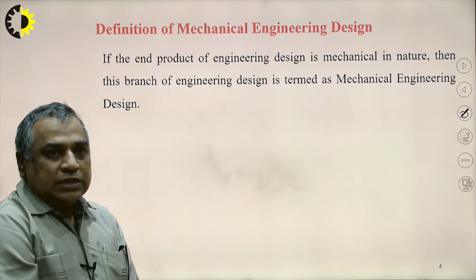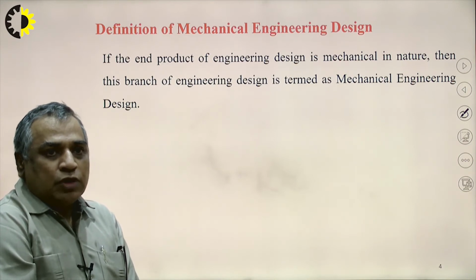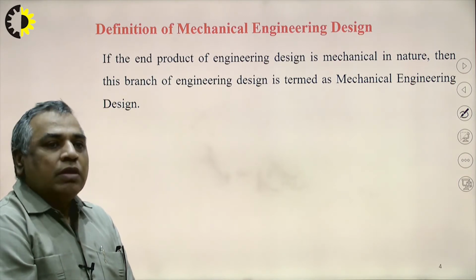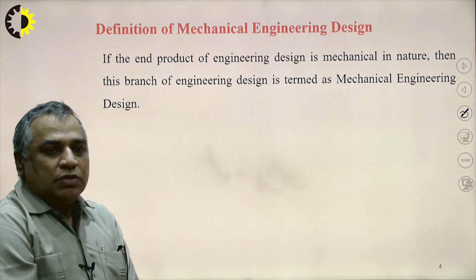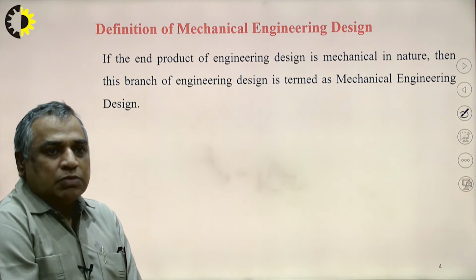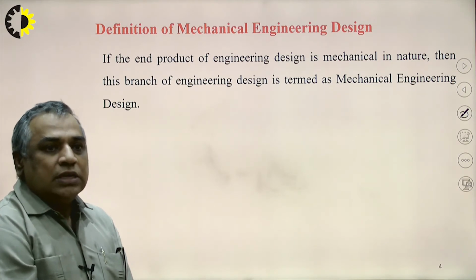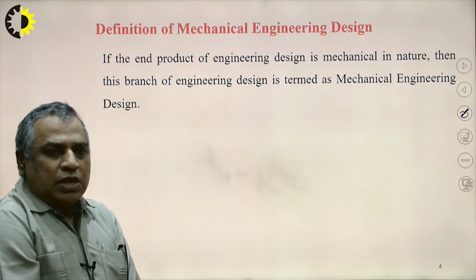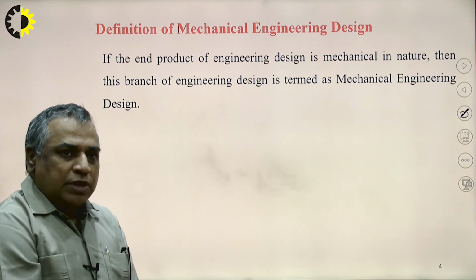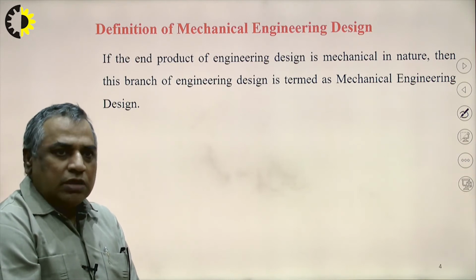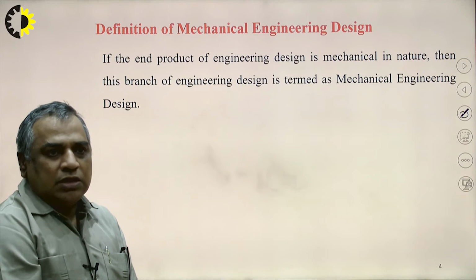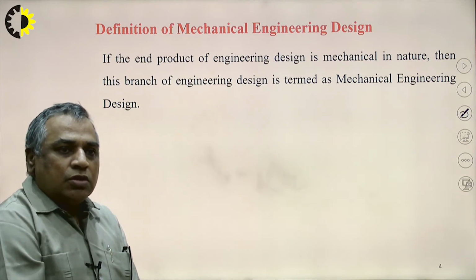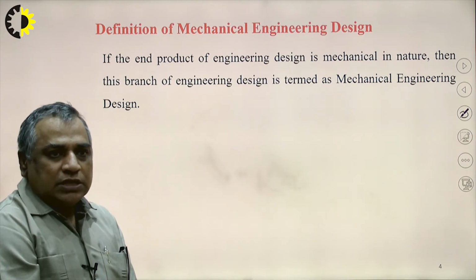If you are designing something to pump fluid from a lower head to a higher head, that is mechanical engineering design. If we design some system or process to convert sizes, this is also mechanical engineering design. Aircraft design is a type of mechanical engineering design. So there are various types: IC engine design, automobile design.